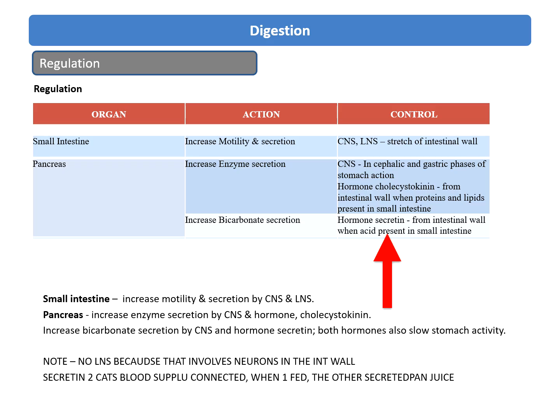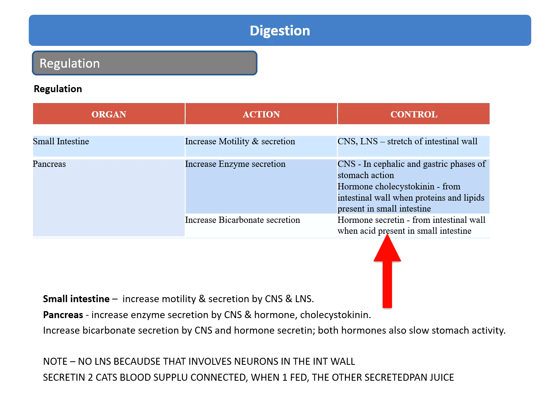Well, because it was found a number of years ago that when blood supply of 2 cats was connected and one cat was fed food, the pancreas of the other cat secreted pancreatic juice. So they thought, it must be a signal transmitted by the blood from one cat to the other. And because it caused secretion, they named it secretin.